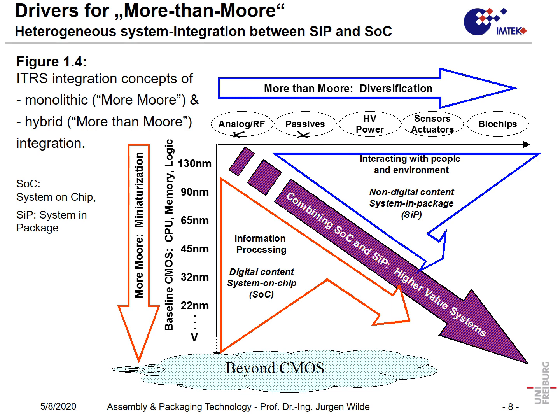For the passives, we have some barium titanate. For the high voltage power, we have some vertical device. An IC is a lateral device. For RF, we need gallium arsenide. So we see it's impossible to put it all on one chip. So we need assembly and packaging.